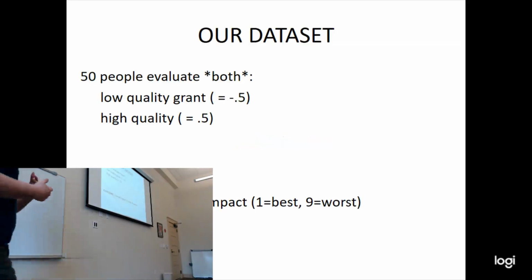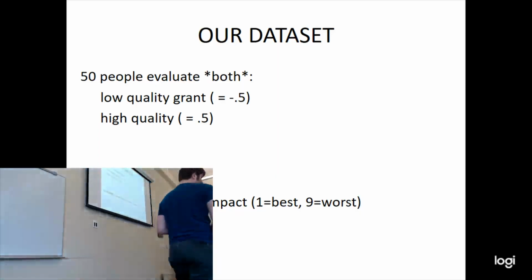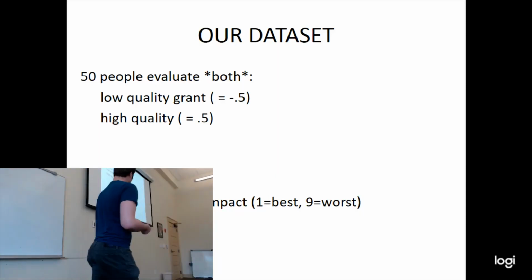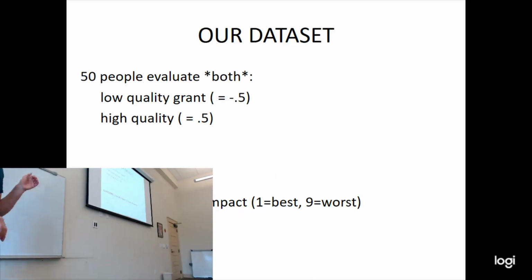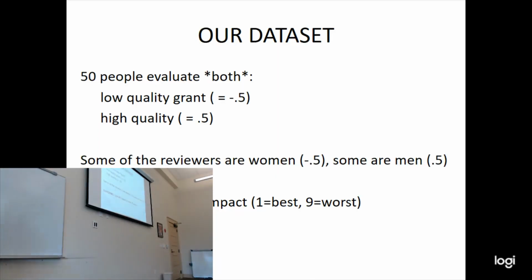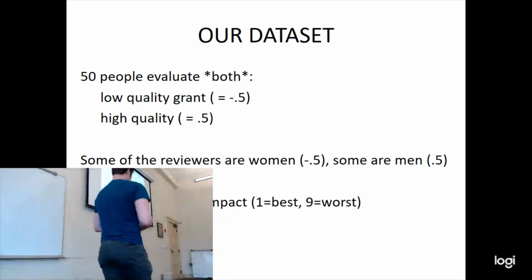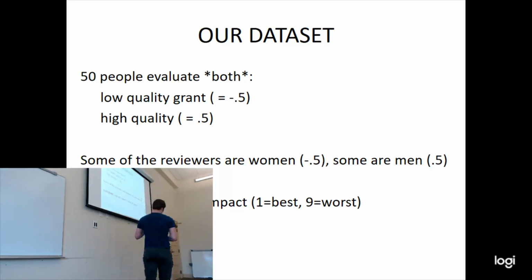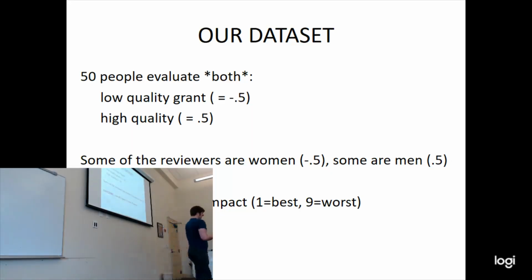We're still working with exactly the same underlying data, but I'm going to add one extra variable, and that is the sex of the reviewers who gave these reviews. Some of the reviewers in this data set are men, some are women, and I've coded this variable minus a half and positive half.